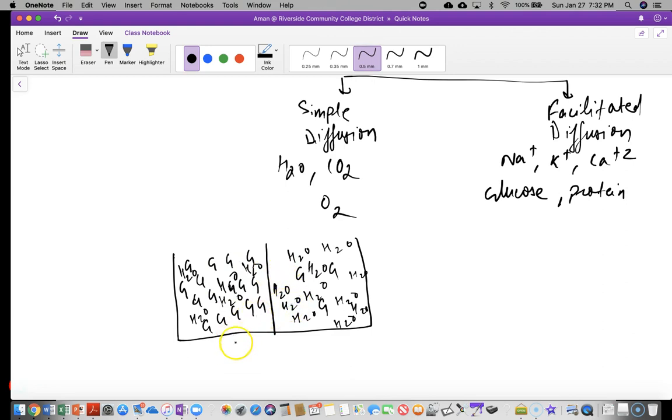So what you can say here is that there's high solute. Remember guys, solute and solvent. Solute is the one that you add, solvent is where you add. So here there's high solute, on this side there is low solute. Okay, let me erase this top part.